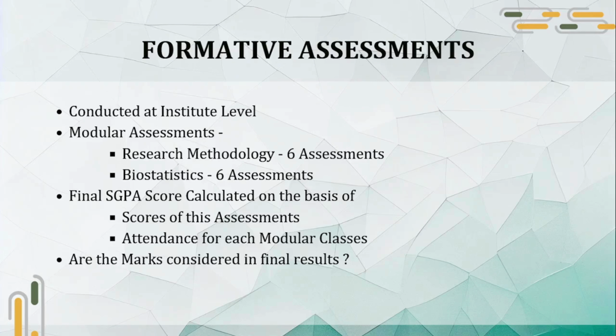Are these SGPA scores or marks considered in the final result? The answer as of today is no, because in the previous examinations conducted for RGHS, MUHS and UPSCT, we have seen that the SGPA score was not mentioned in the result and did not have any impact on the final marks. That is totally based on your university examination rather than the SGPA score.